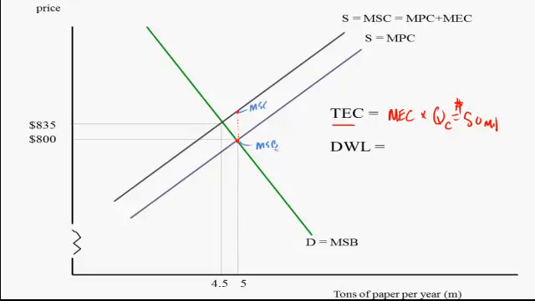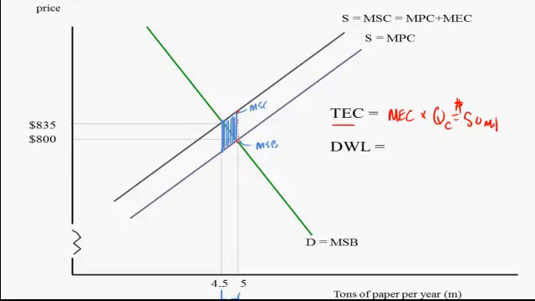We know that if we move from 5 million tons to 4.5 million tons, the total external cost portion of the damage that's eliminated for the 500,000 tons in between 5 million and 4.5 million would be this area right here, right?